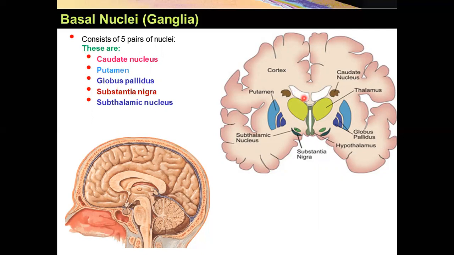The reason I am talking about the lateral ventricle and its horns is because they have a close relation with the basal nuclei. And also we're gonna talk about the internal capsule, because the internal capsule also has a close relation with the basal ganglia.